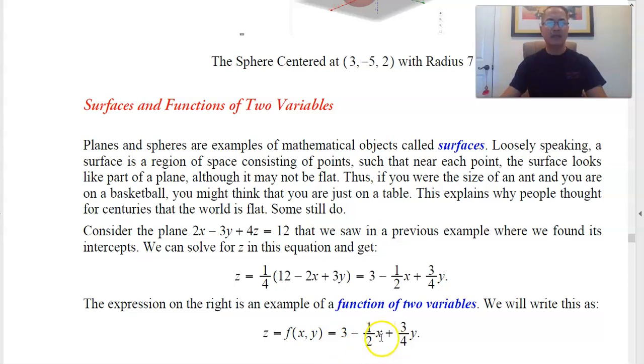Well, it looks like any number can be plugged into x and y over here because there's nothing stopping us from dividing x by 2, subtracting what we get, multiplying y by 3/4, adding what we get. So the domain for this function is every pair of real numbers x and y. You can also write that as R2.